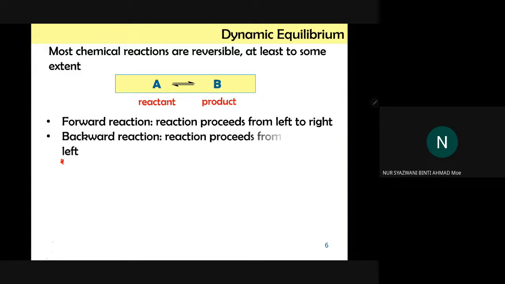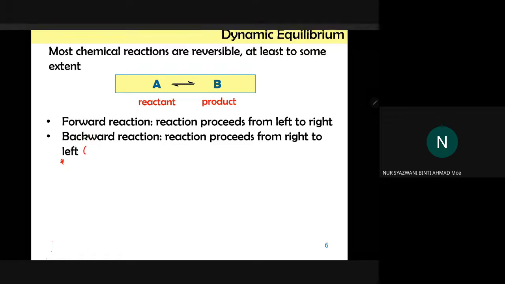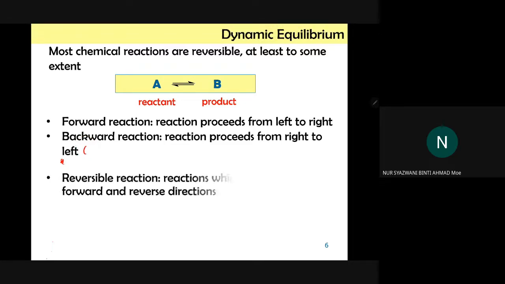So kita ada forward reaction and then ini juga dipanggil sebagai reverse reaction. Okay, so this is also known as reverse reaction.